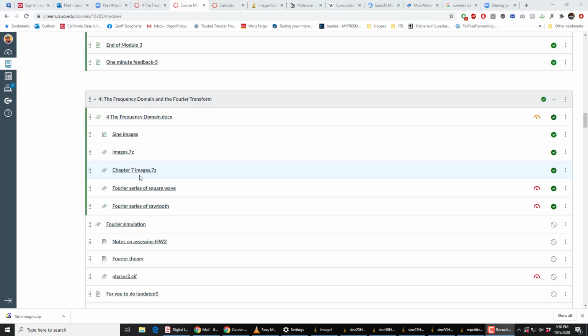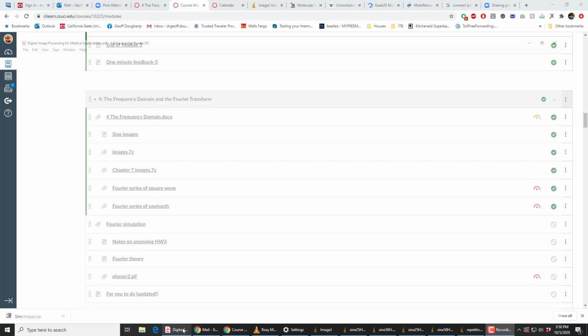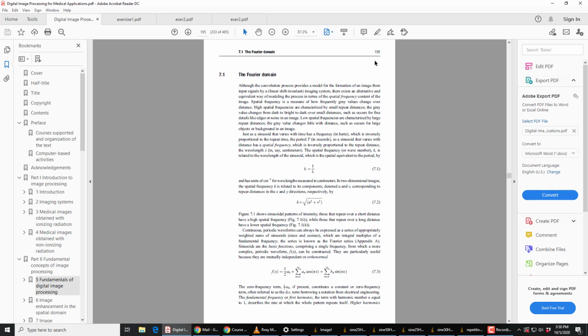Now this video, the first video in this series, is about spatial frequency and the frequency domain, or the Fourier domain. If we look at the book, chapter 7, page 195, an alternative to looking at images in the spatial domain, which we've been doing up until now, is to look at them in the frequency domain, or we can call it the Fourier domain.